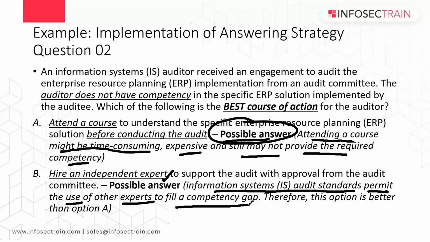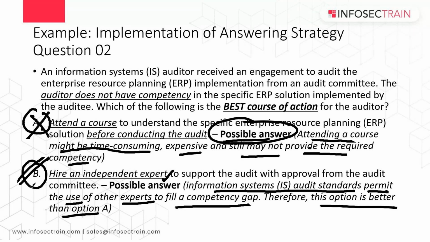So now if you compare A with B, option A could be time consuming, could be more expensive, and it still may not provide the required competency. On the other hand, having a competent expert, which is permissible as per the audit standards, is definitely a better option than A. So between A and B, we will zero in on B. Which means at this stage, we can eliminate A after comparing the two possible answers.